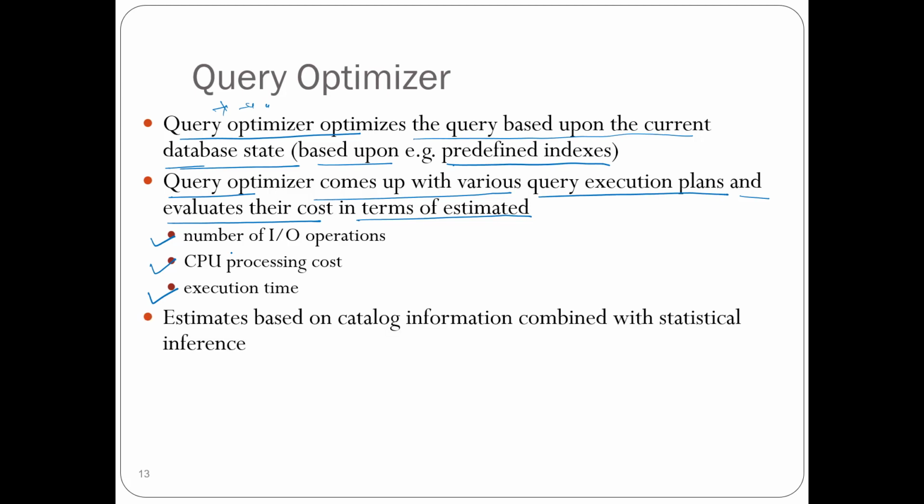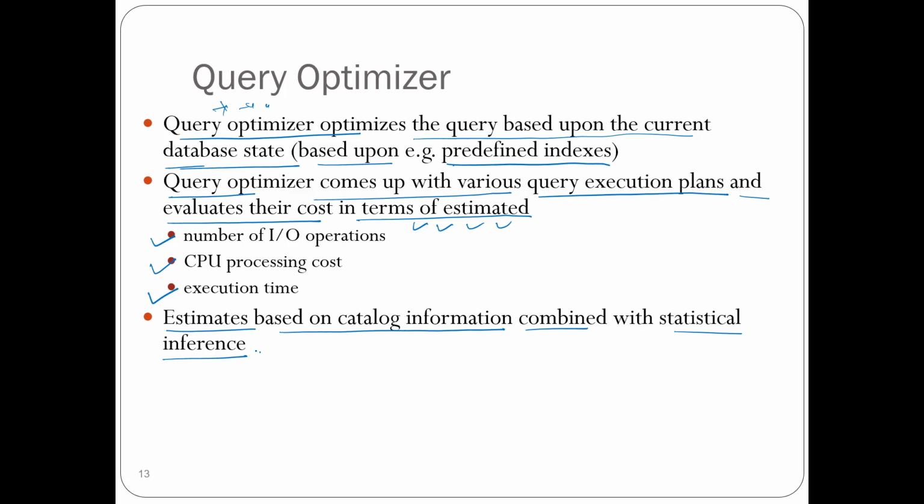One thing we need to remember about the cost that the query optimizer computes for each query execution plan is that it is in fact an estimate. It's not the exact cost. These are estimates based on the catalog information combined with statistical inference. This is slightly complex, as it involves statistical information as well as information from the catalog.